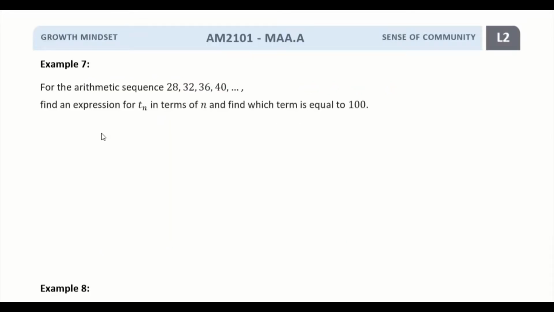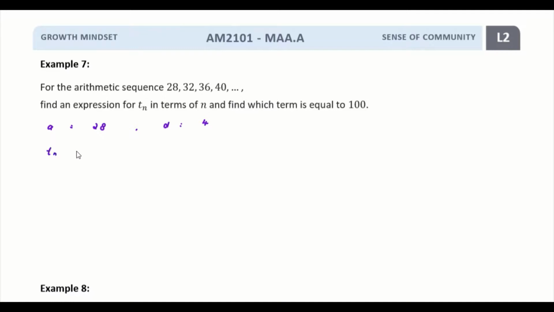Alright, example 7. For the arithmetic sequence 28, 32, 36, 40, find an expression for the nth term and also find out which term is equal to 100. Okay, so now let's try to find out the expression for the nth term first. So as we can see here, the sequence has the initial term as 28. And the common difference here is positive 4.